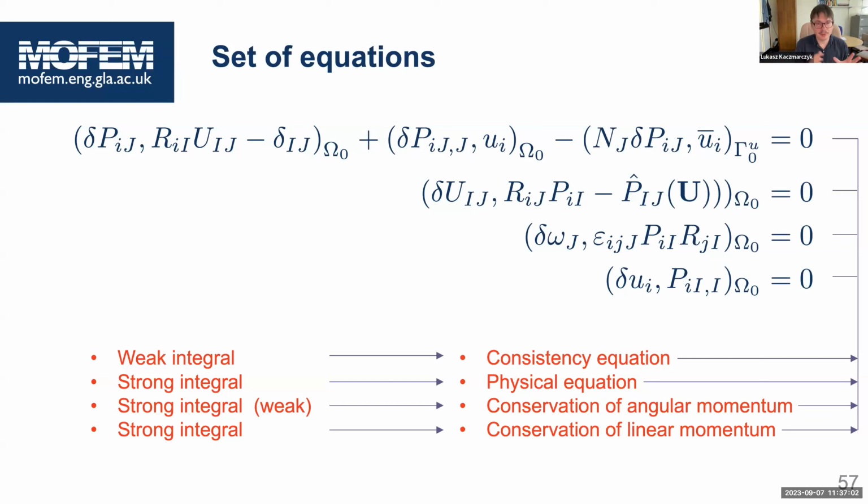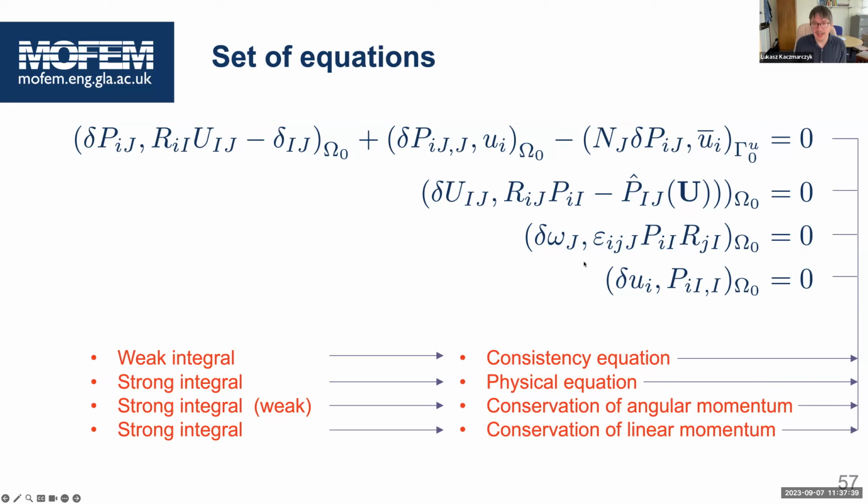I approximate the Piola-Kirchhoff stress, momentum flux, in H-div space, but my space itself a priori doesn't enforce the symmetry of the stress. So I have to add an additional equation which enforces the symmetry of the Cauchy stress, or of the second Piola-Kirchhoff stress. This equation is tested by the variance of the angle of the rotation.